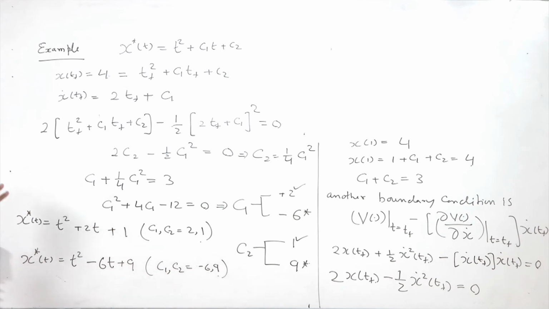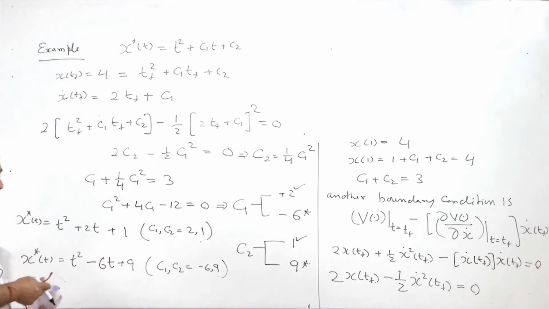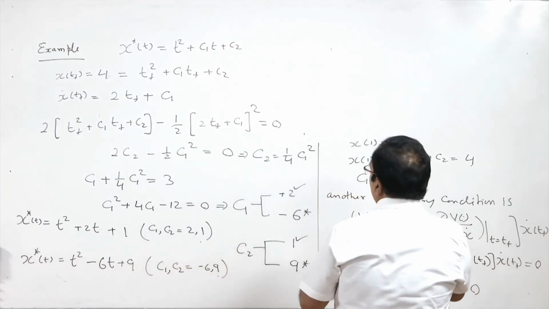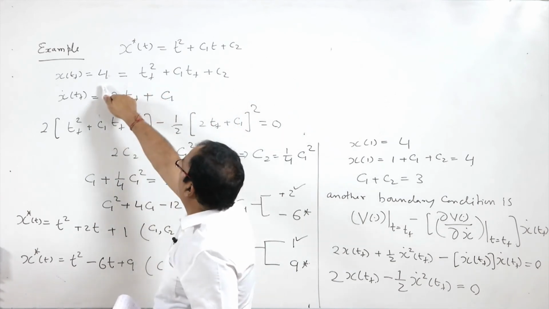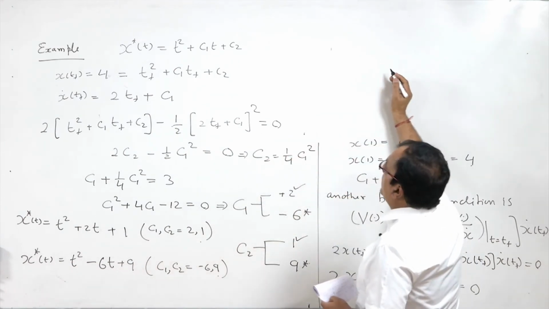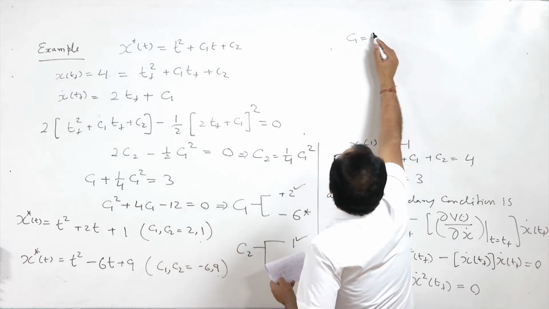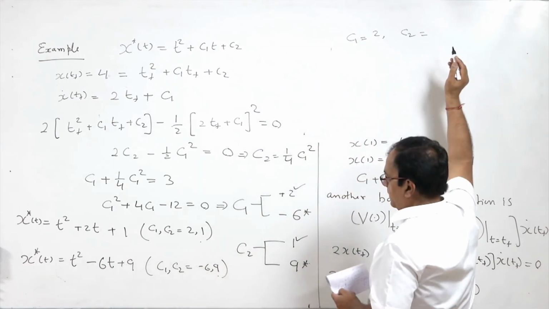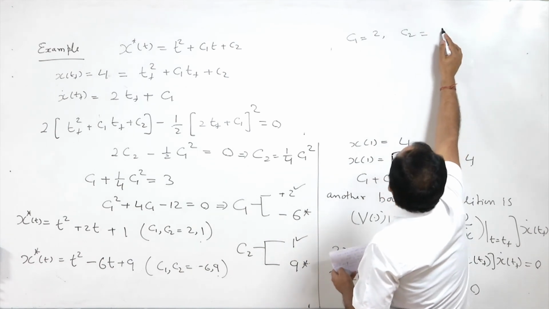We can select this by finding the value of TF. From this equation, if I know C1, C2, let us say C1 equal to 2 and C2 equal to 1.